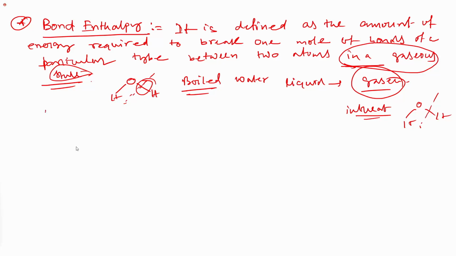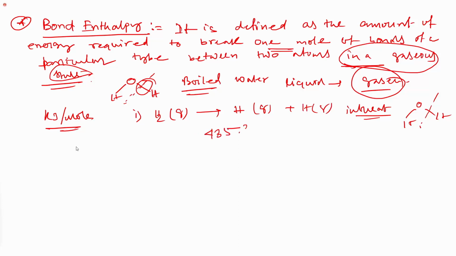Bond enthalpy is defined in kilojoule per mole. Okay, that's why they are saying 1 mole. So for example, take hydrogen gas. To break this hydrogen gas into hydrogen atoms, we need 435.8 kilojoule per mole.